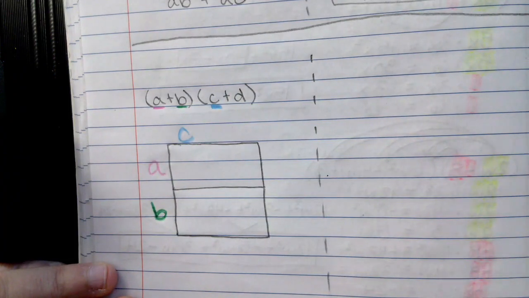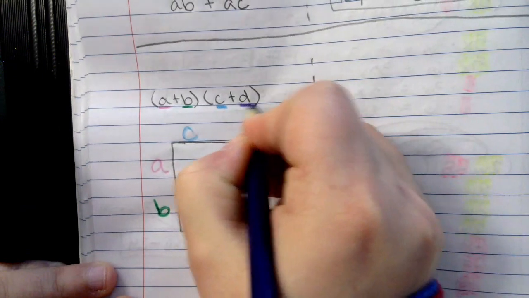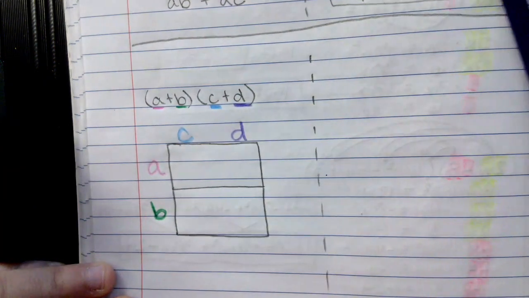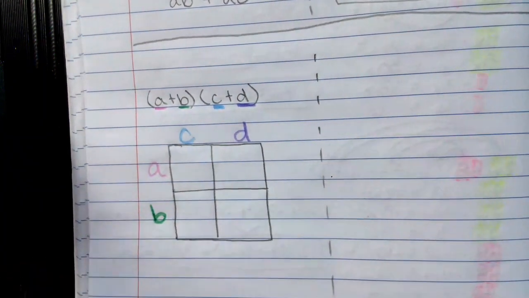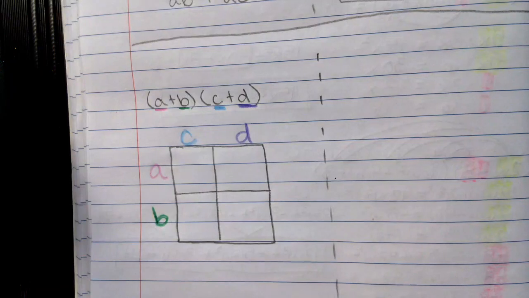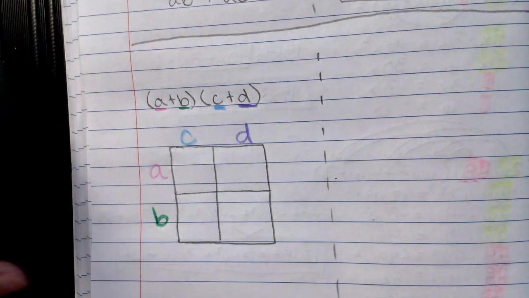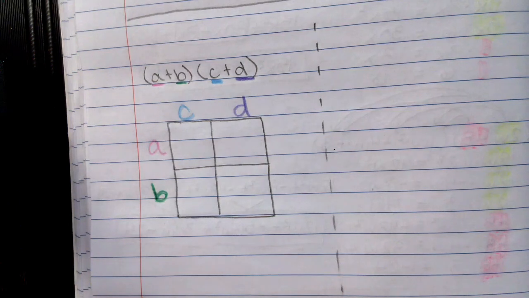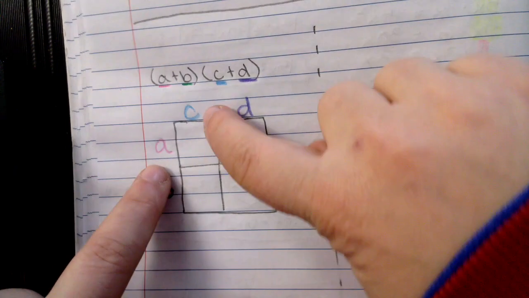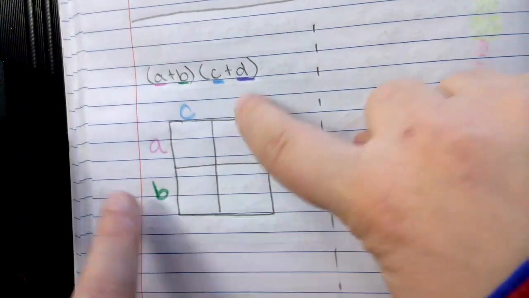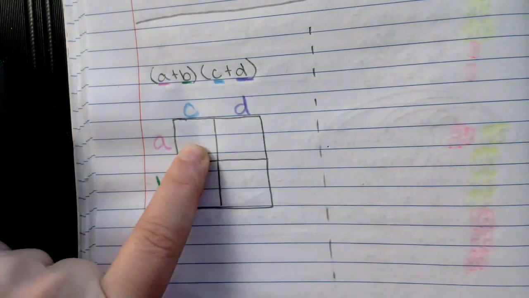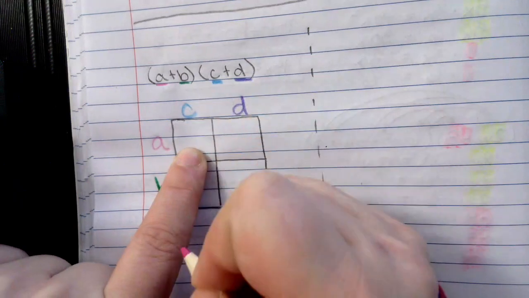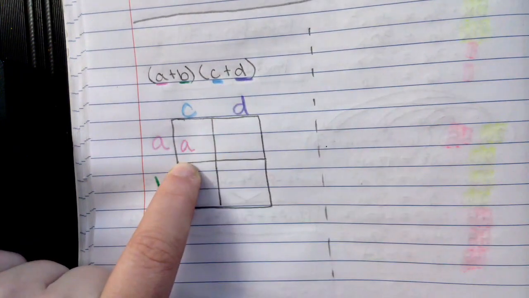What does it mean when the 2 parentheses are touching? Multiplication, right? When 2 things are touching in math, it's implied that we're multiplying. So now when we multiply, we're going to match up those parts to decide what we're multiplying in each of those boxes. So in this first box, what are we multiplying? A times C. Now what's nice about the area model is if you don't know that one right off the top, do you have to start with that one? No, you can start with any of the boxes. What about if I go to this box?